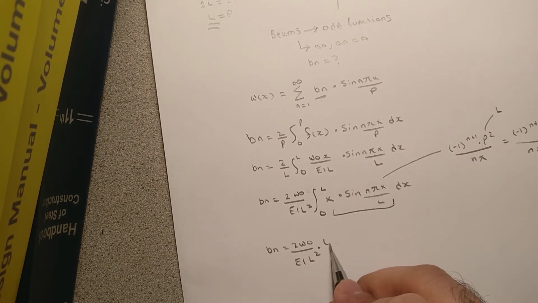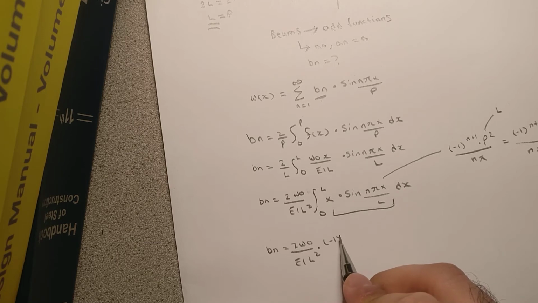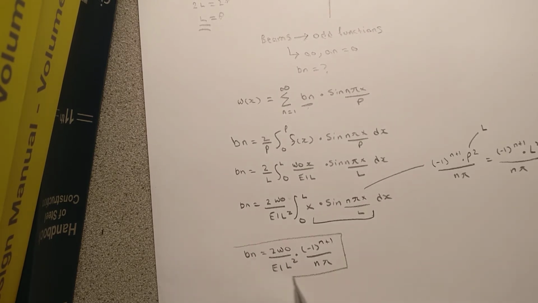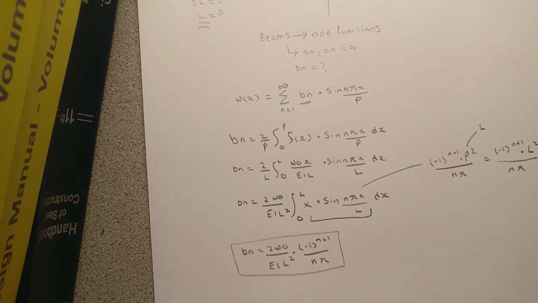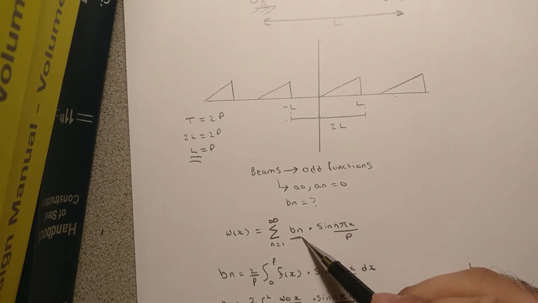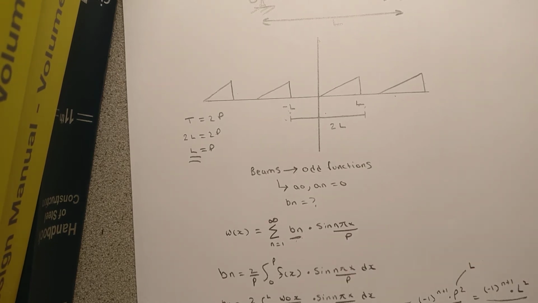So I get (-1)^(n+1) over n pi. So this is what our Bn equals. We can plug this back into our function right here because we've solved for Bn.